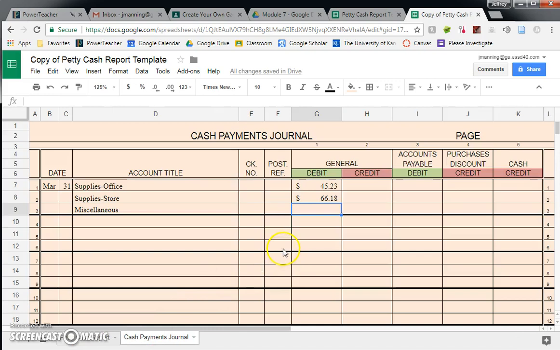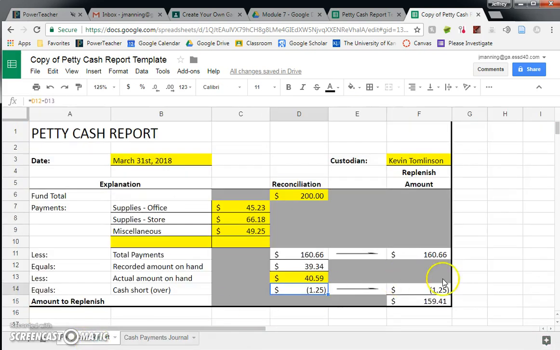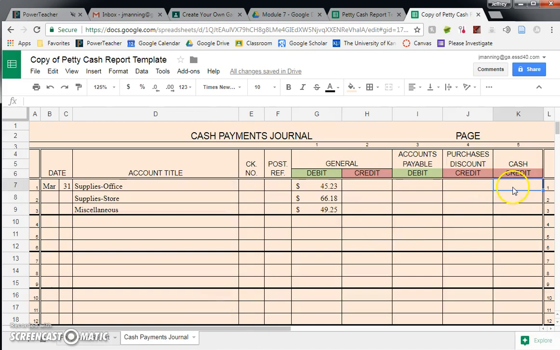Miscellaneous was $49.25. Way over here on the right, the cash credit, and you do this on the very first line, the cash credit is the total amount that you are going to put back into the petty cash fund. On your petty cash report, that is this amount right down here, amount to be replenished, $159.41.